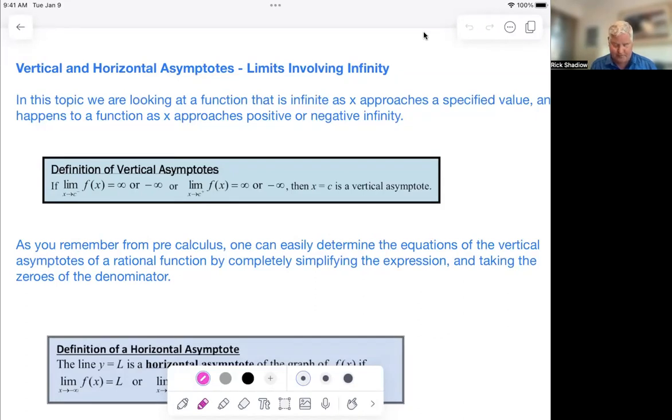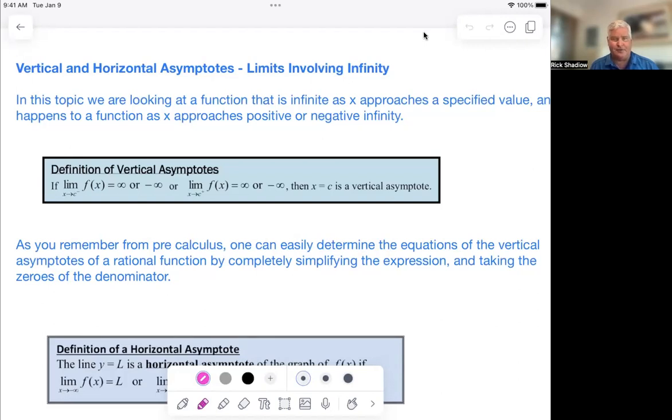So first of all, the definition of a vertical asymptote. If either the function is going off to infinity or negative infinity from either the left-hand side or the right-hand side as x approaches some specified value, then that specified value, x equals c, is going to be a vertical asymptote.